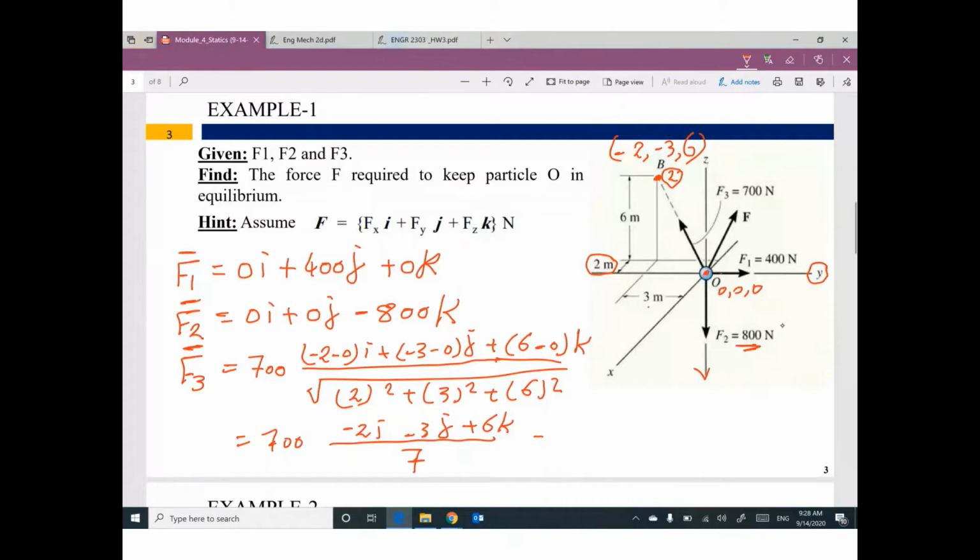So this will be negative 200i, negative 300j, positive 600k.